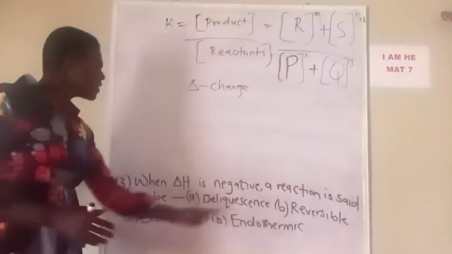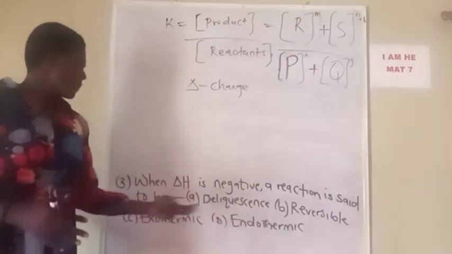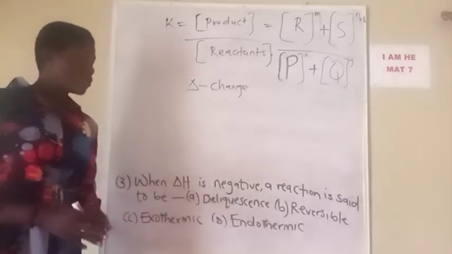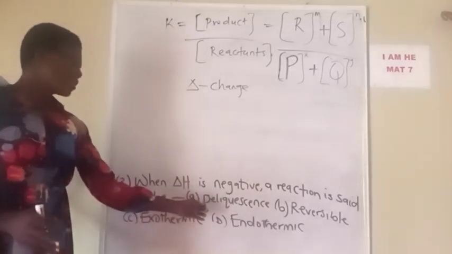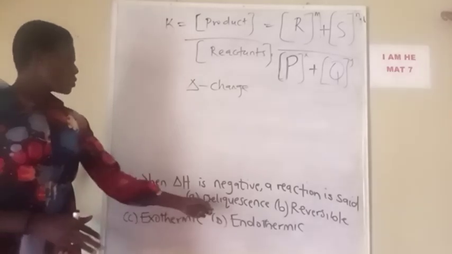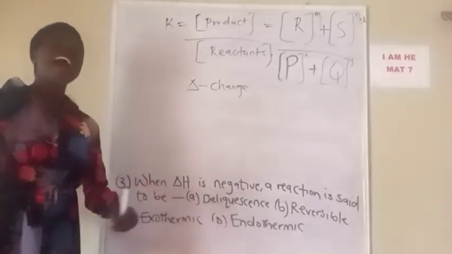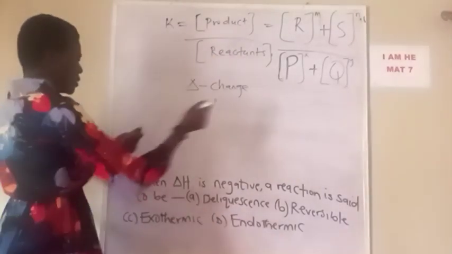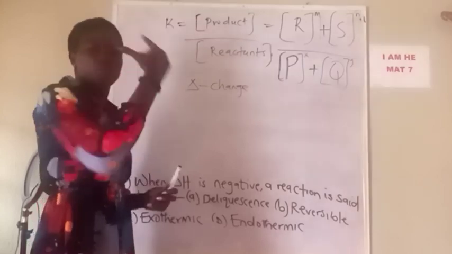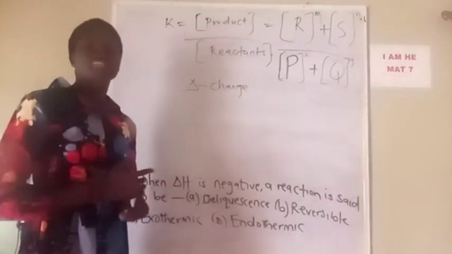A, deliquescent. What does it mean for a substance to be deliquescent? Now this option is not even supposed to be here, but let me just explain so we understand it better. A substance or a hydrate is said to be deliquescent when it absorbs water from the atmosphere, and as a result, it can dissolve.